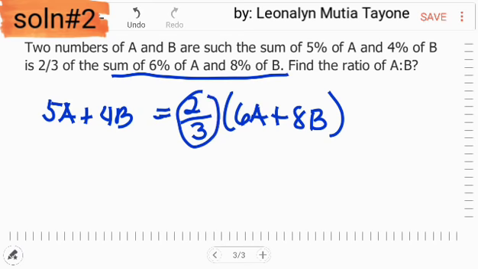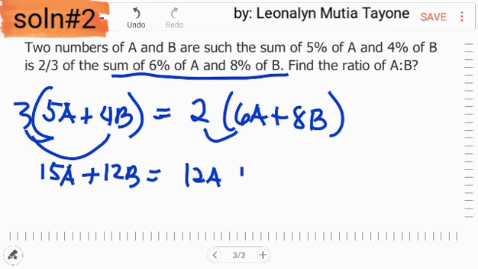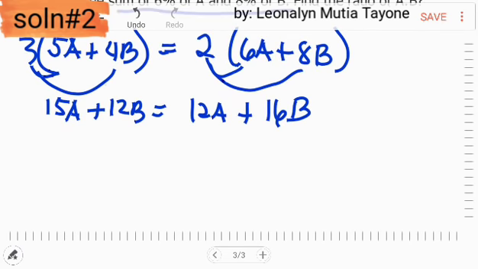This 2/3, here is 2, here is 3, because it is a denominator there, so it is for multiplying there. So it goes like that. Next, this is 15A, this one is plus 12B equals, this is 12A plus, this one is 16B.